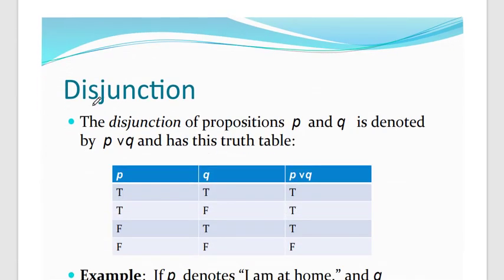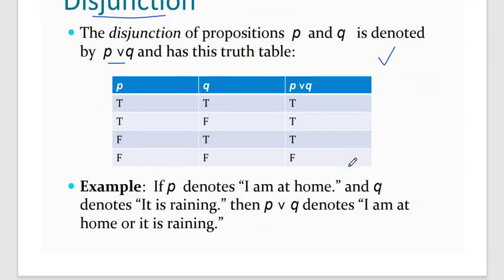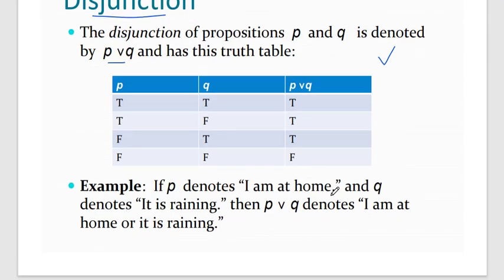And what is disjunction? It is or, denoted by V. In the English language, what do you mean by or? I am at home or it's raining. Or means if one of them is true, or both are true, then the whole statement will become true.